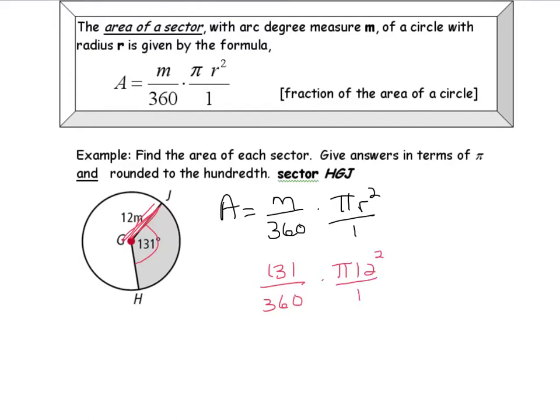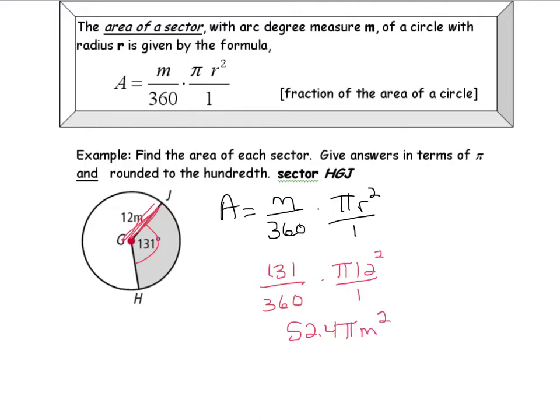So you're going to do 12 squared times 131. So it's 144 times 131, and then divide it by 360. If you do this, you get 52.4 pi, and then don't forget, it's going to be meters squared.